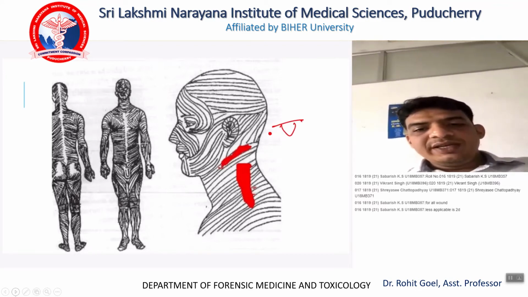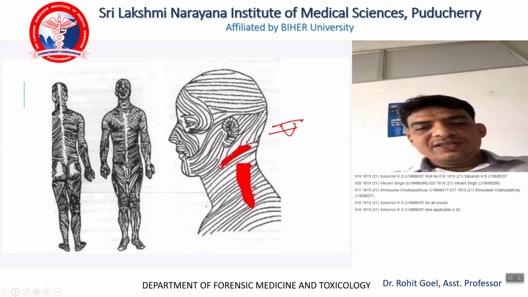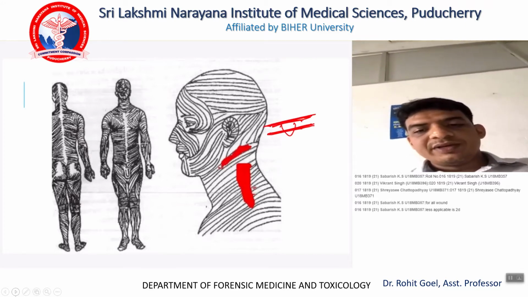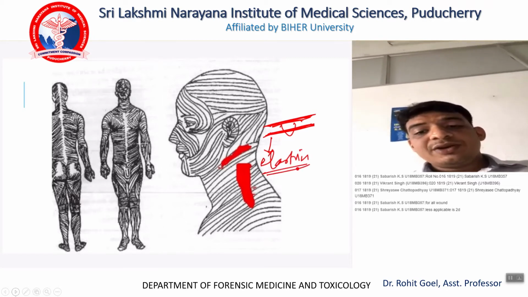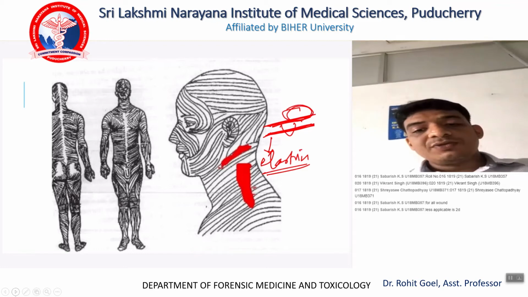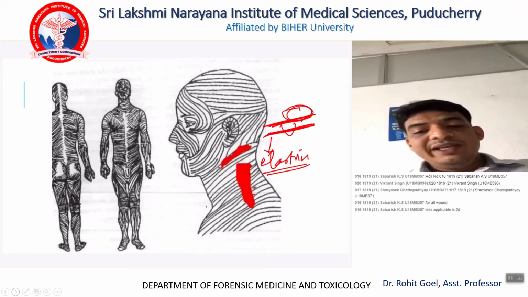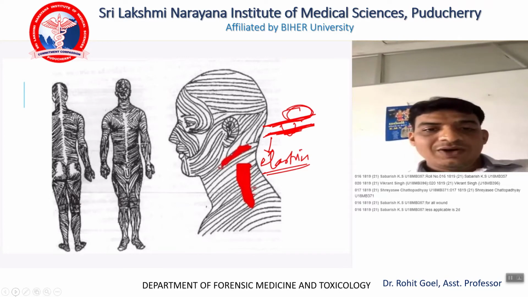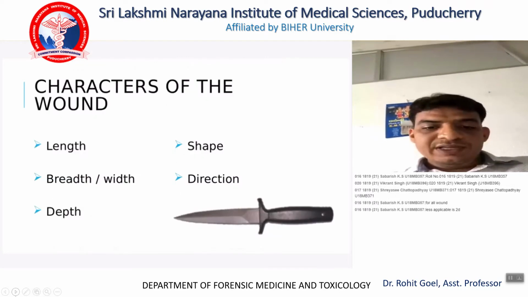Let's say this is the epidermis and this is the dermis. These collagen fibers and elastin fibers are present in the dermis. These are not present in the superficial aspect of the skin. So any injury which distorts these elastin fibers will cause distortion. So it is not applicable in 2D injuries, whereas in 3D injuries it will be applicable.